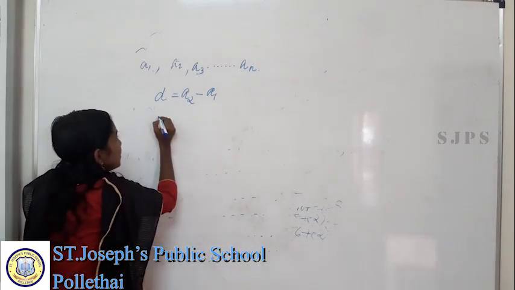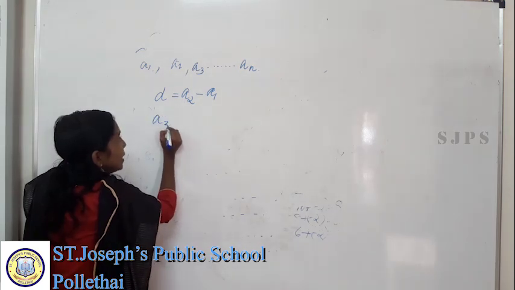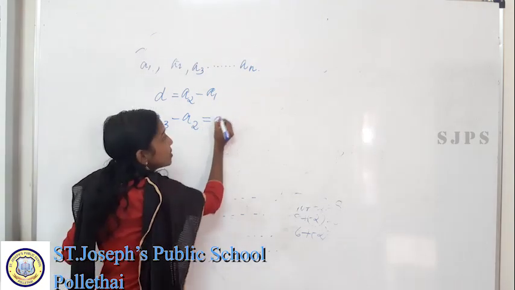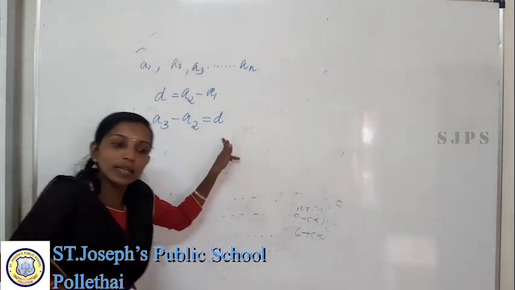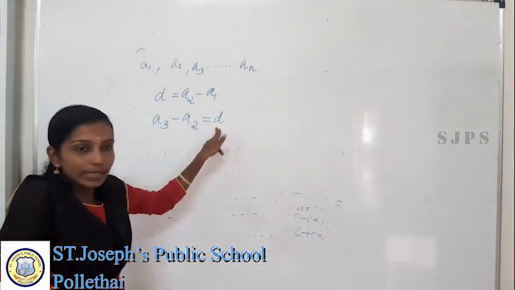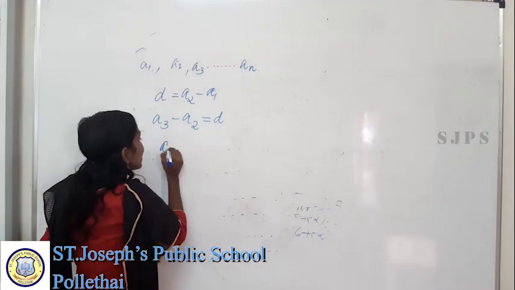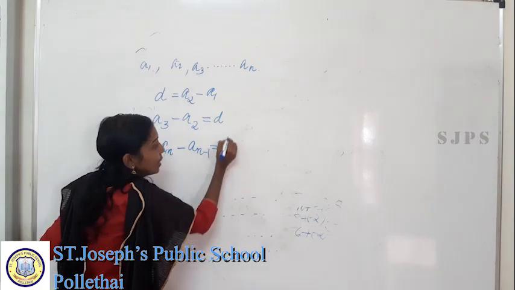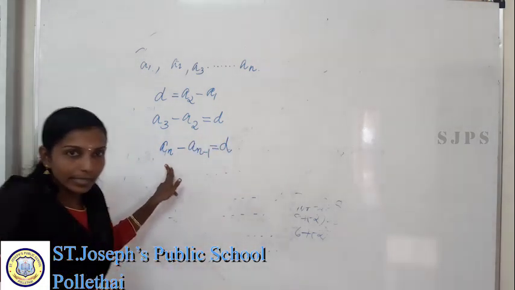Similarly, we get a3 minus a2, and also we get the same fixed number, the common difference d. And an minus a(n minus 1) is equal to d.